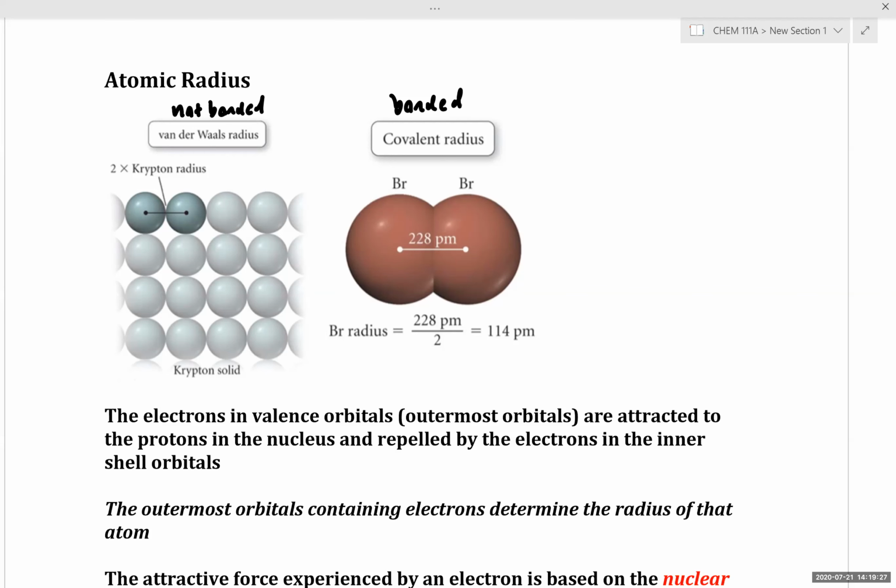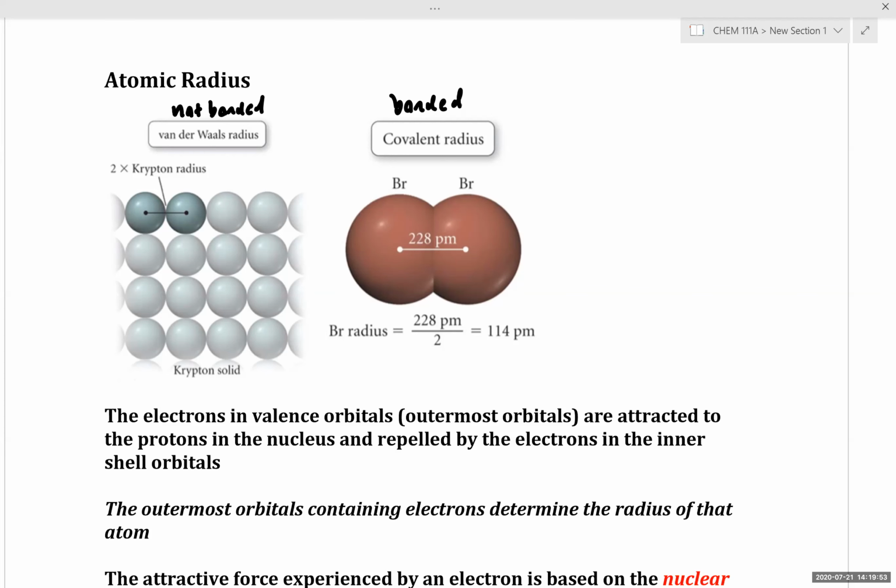Depending on what book you're reading, it will either give you the van der Waals or the covalent radius. The covalent radius is a little bit more influenced by other factors associated with the nature of your chemical bond, but nonetheless, we have a swath of experimental data on bond lengths and bond strengths or bond enthalpies.